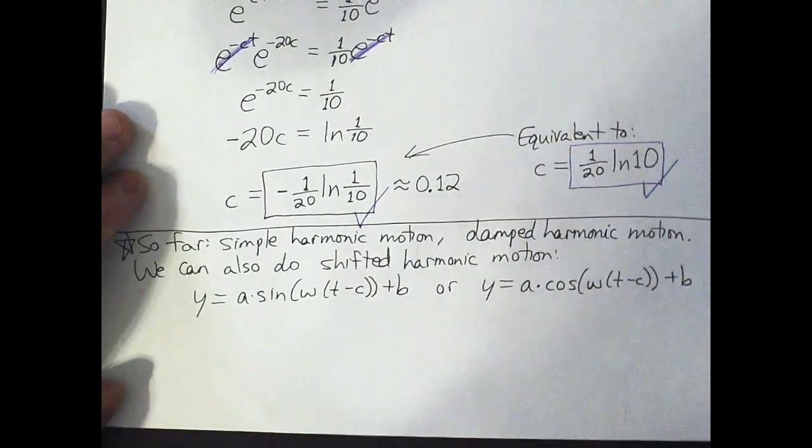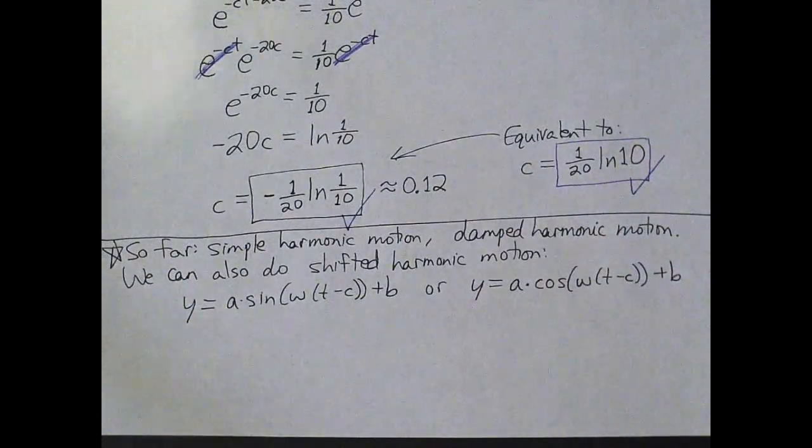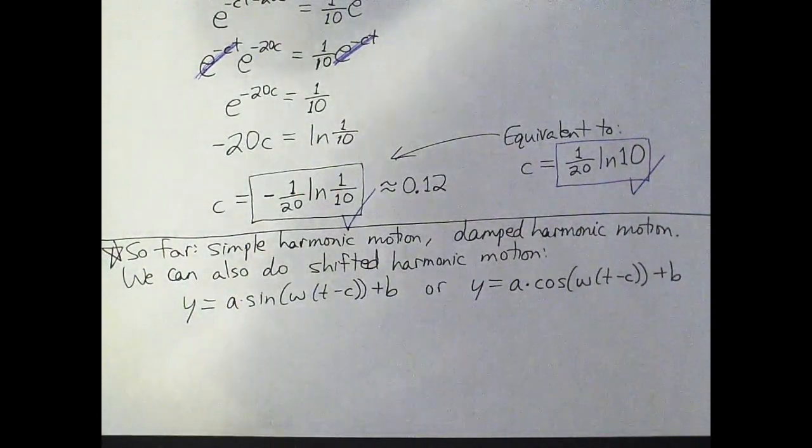So what's happening? What are the c and b now? The c and the b are shifting the graph horizontally and vertically.